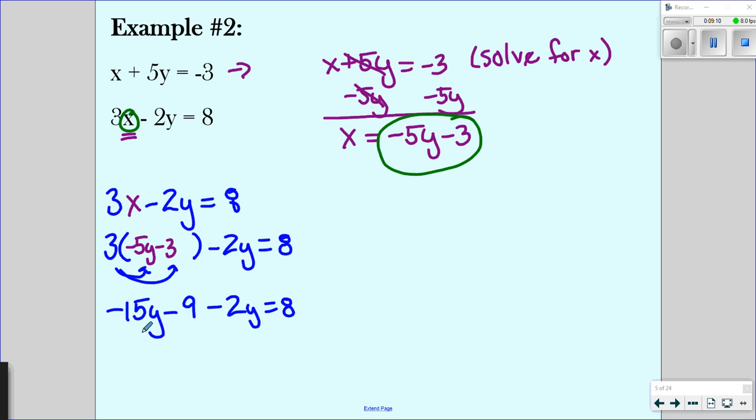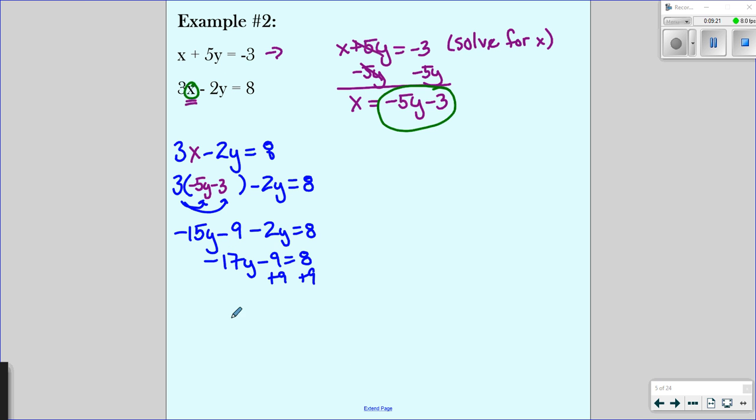The -2 and the -15 give me -17y minus 9. Add 9 on both sides. -17y, and then this will give me 17. You divide by -17 on both sides and cancel this out. And this will give you -1.